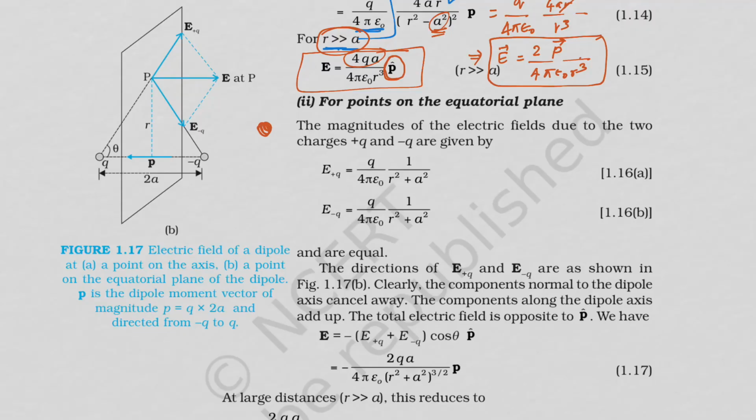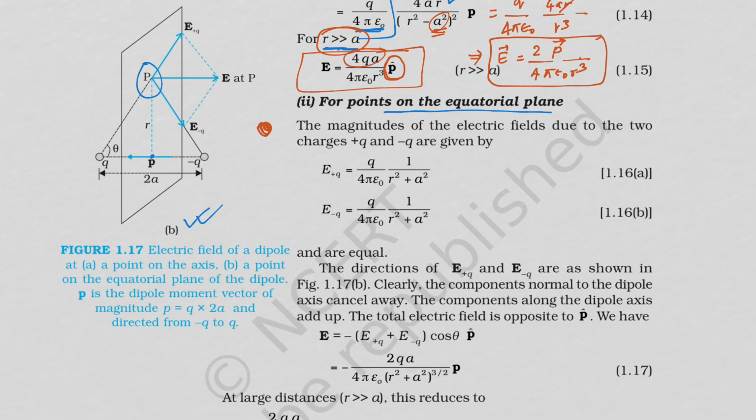Further, we talked about the electric field on the equatorial plane. As you can see in this figure B, the equatorial plane is a plane which crosses the midpoint of this electric dipole. And in that plane, any point P is chosen. At that point, we have to find the electric field.